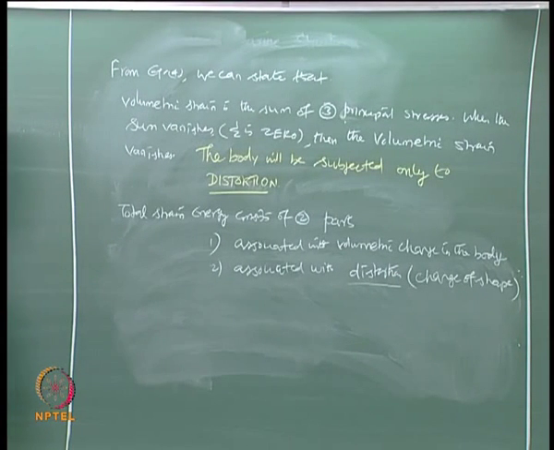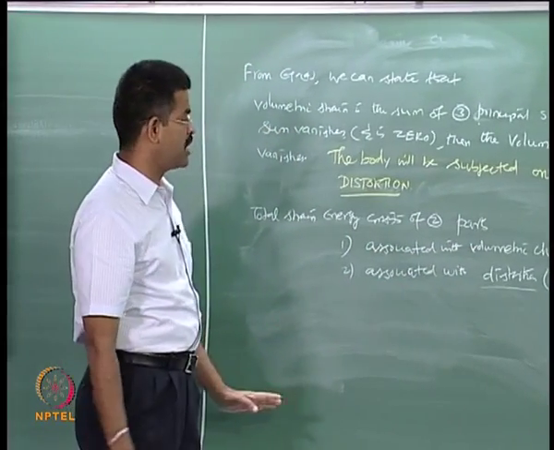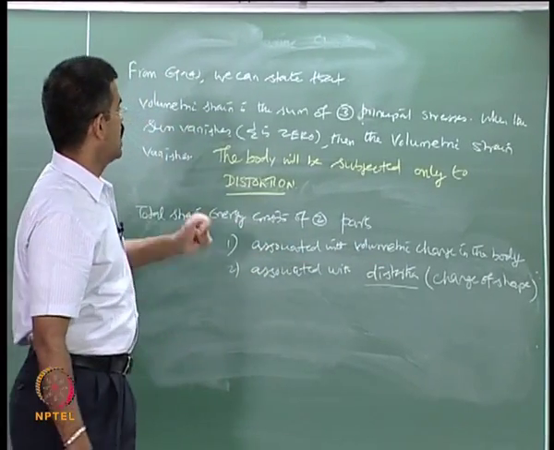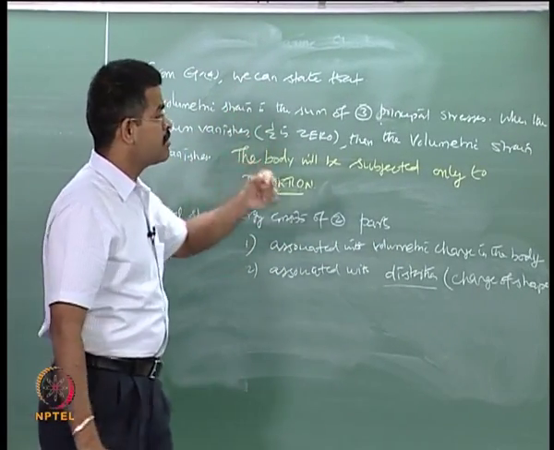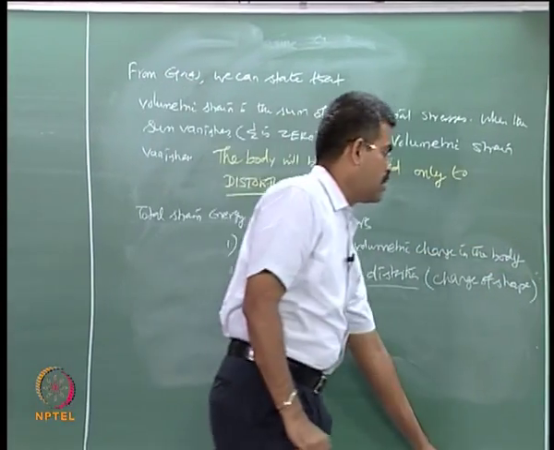So, for 0 volumetric change, because I want to study the maximum distortion theory, I should say that the volumetric change in the body is set to 0. As you see from the statement, the summation of the principal stresses should be equal to 0. Okay, let us do that.